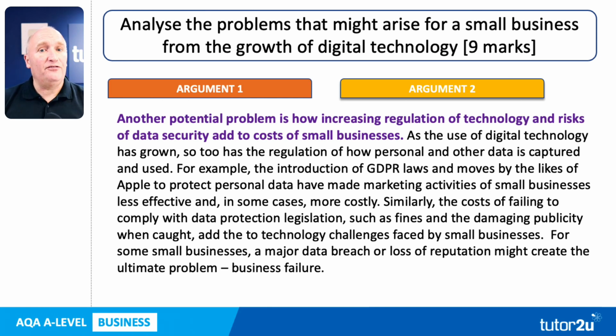Similarly, the costs of failing to comply with data protection legislation, such as fines and damaging publicity when caught, add to the technology challenges faced by small businesses. For some small businesses, a major data breach or loss of reputation might create the ultimate problem: business failure.